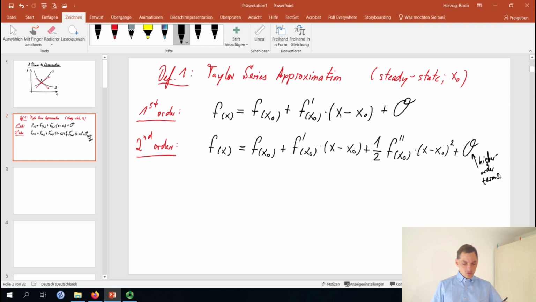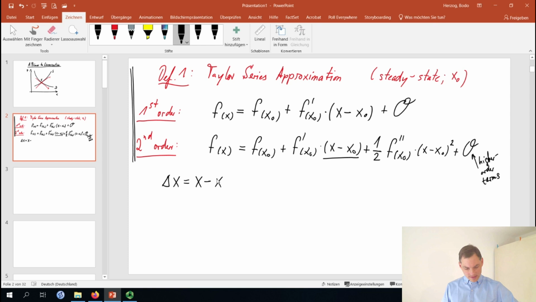So these are the two formulas, and this is the definition you should always keep in mind when we talk about linearization. Sometimes in books you will find a variant of this definition. For instance, you can define delta x as the difference of my true x from the steady state point x0, right?